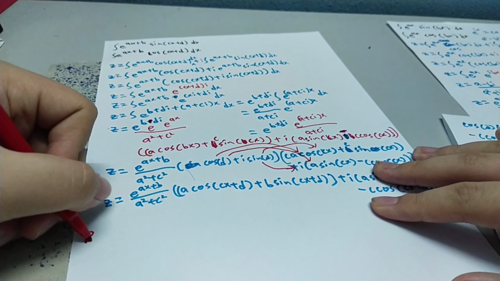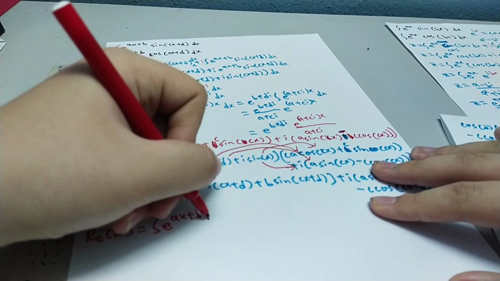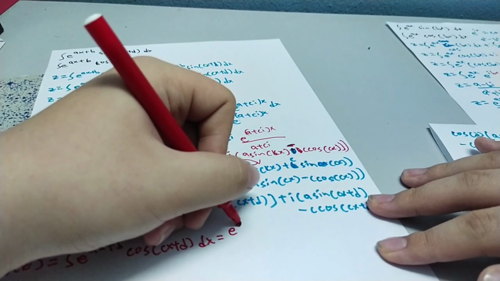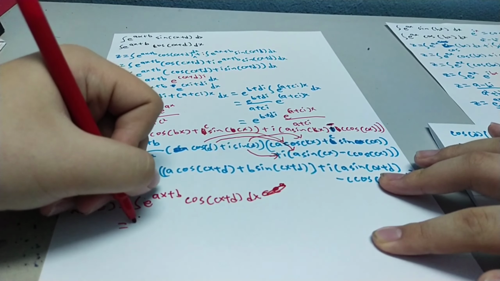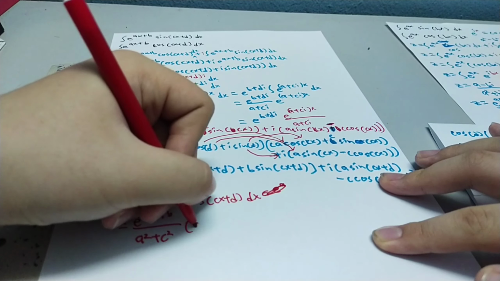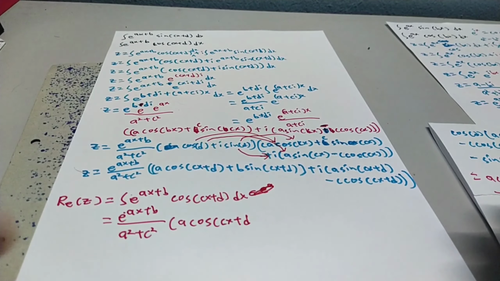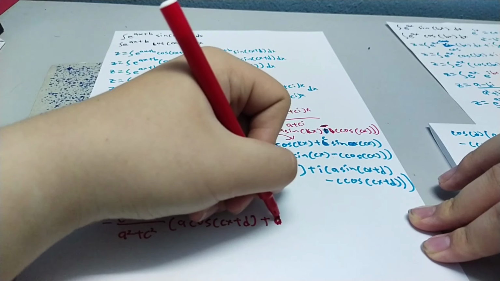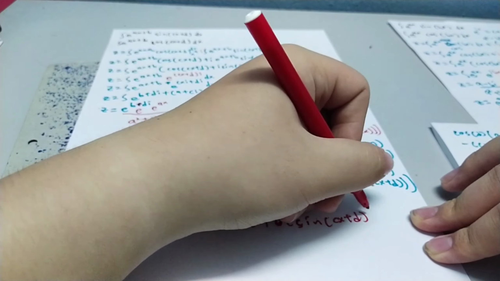So the real part of z is equal to the integral of e power of ax plus b times cosine of cx plus d dx, which is equal to e power of ax plus b over a squared plus c squared, times a times cosine of cx plus d plus c times sine of cx plus d.